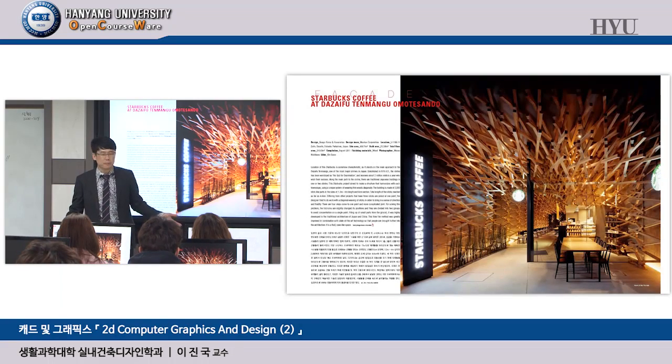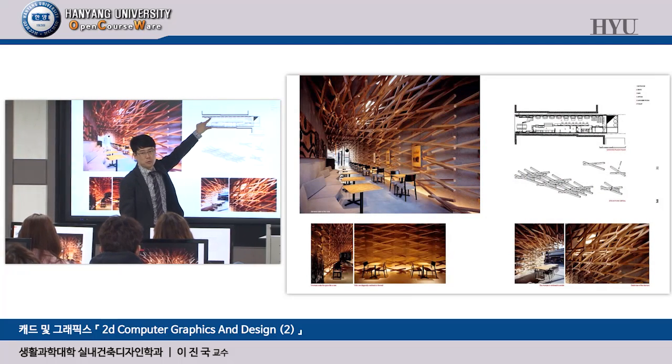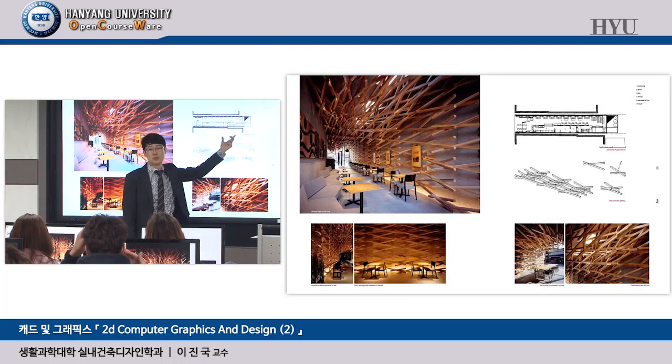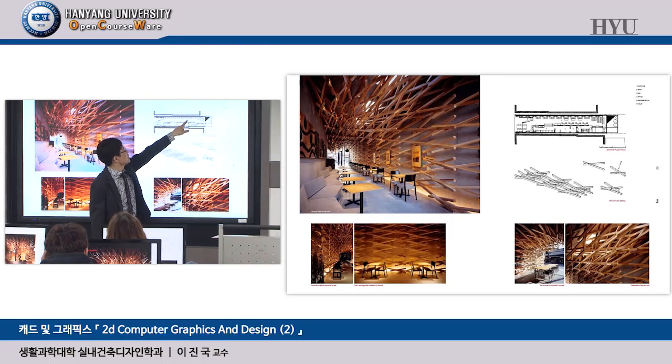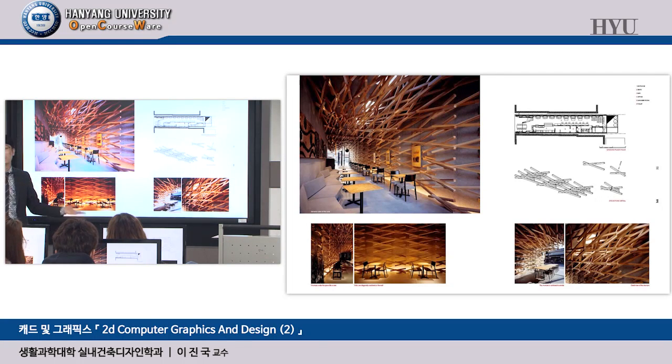looking big. But actually, take a look, it is a really, really narrow and small Starbucks retail store. The sitting zone, sitting area, and the bar area are very small, okay, narrow.